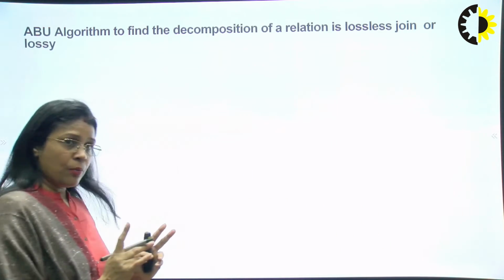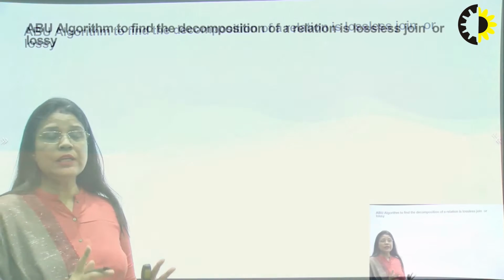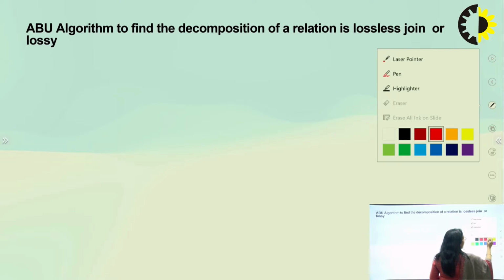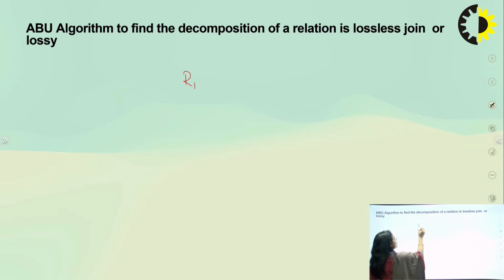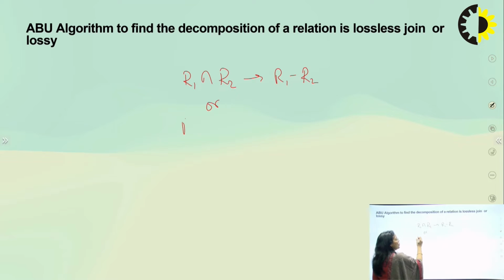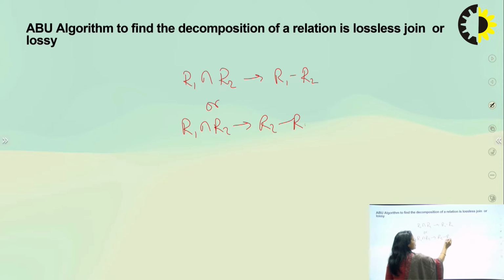Now, if the decomposition is a binary decomposition, it is very easy to find out whether it is lossless or lossy. In case of binary decomposition, we need to check this condition for relations R1 and R2: this functional dependency should exist or this functional dependency should exist.